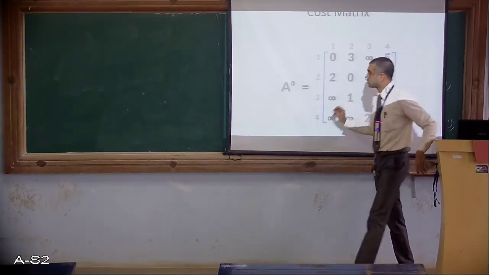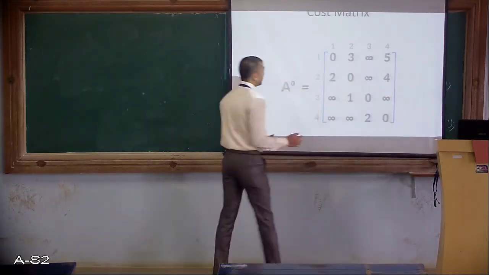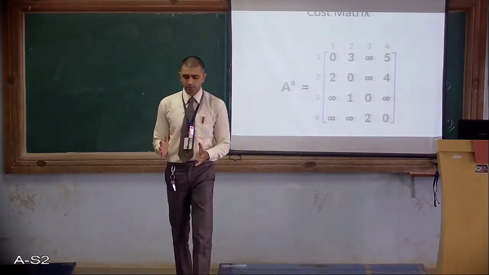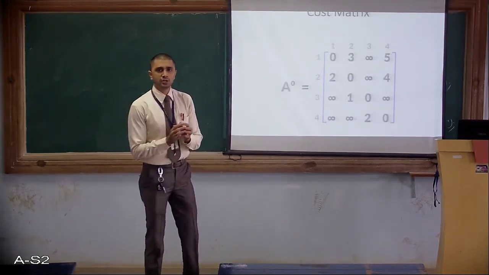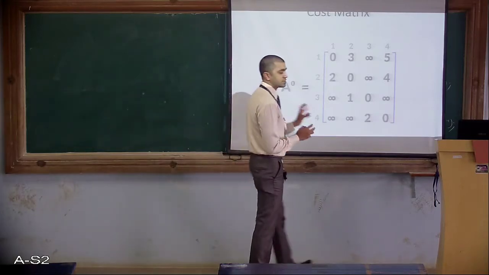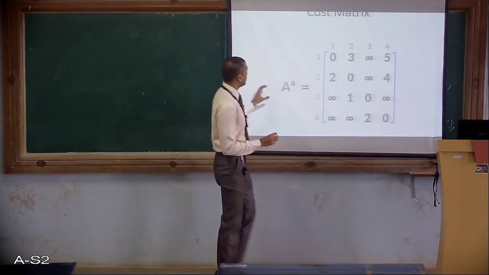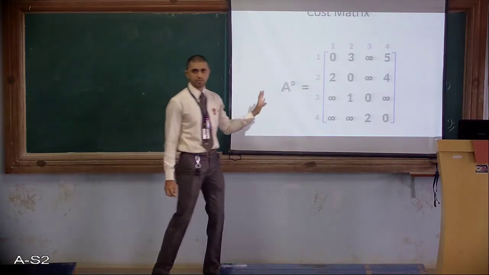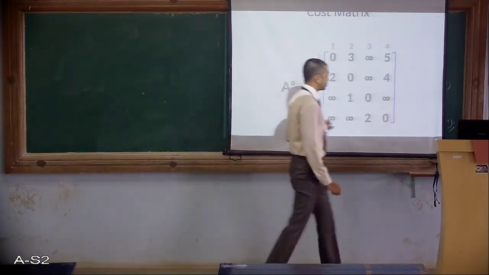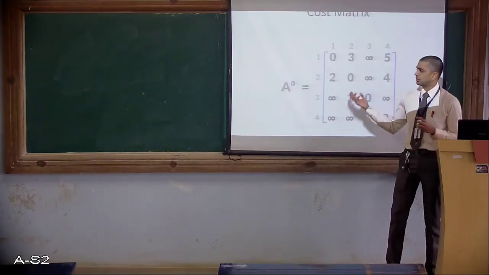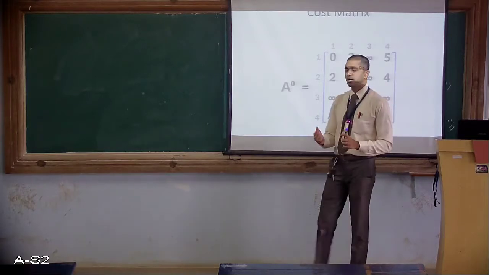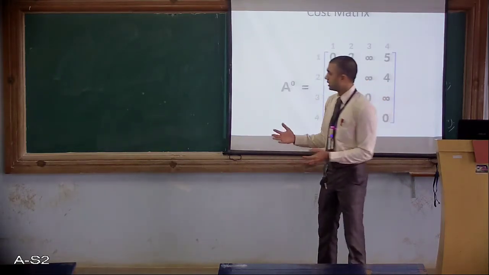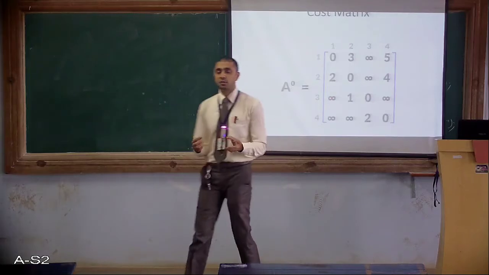Using this cost matrix, we are going to derive certain matrices until one particular stage, where that matrix is going to give us the shortest path between all pairs of vertices present in that graph. As the dynamic programming concept tells us, we have to make decisions at every stage, and at every stage we will do it with the help of matrices.